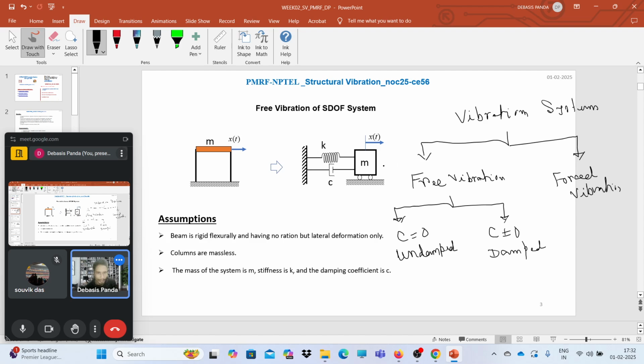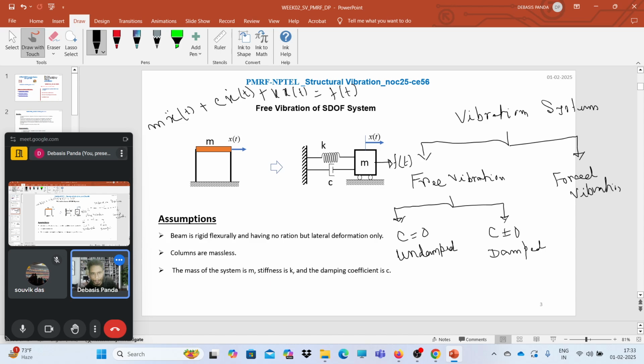Say for example there is an SDOF system, and an external loading F of t is also there. Now if I want to write the equation of motion, it will be M x double dot t plus C x dot t, because we are considering a viscously damped system, plus K x t equals the external force F of t.